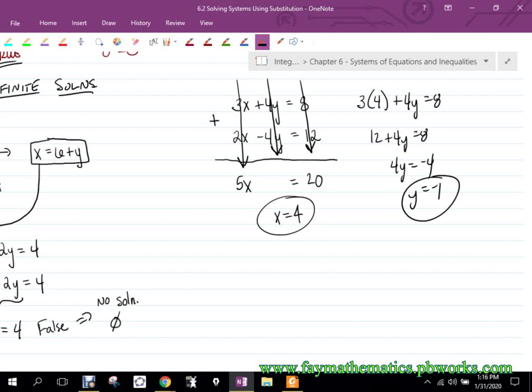That will work for any situation. The neat feature here is that the y's went away, right? So I would need to have the ability to change my equations so that either my x's or my y's have coefficients that are opposite. That will be Monday's discussion.